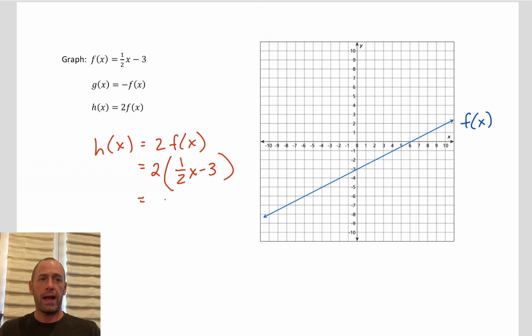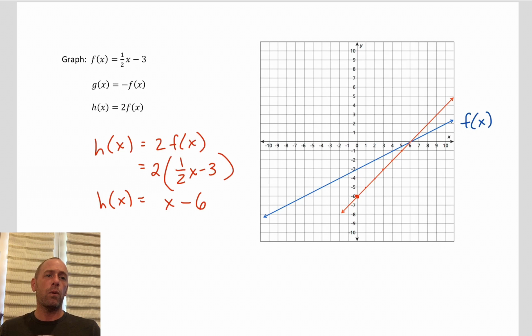That gets me x minus 6. So you can see the y-intercept is changed and my slope is changed. So my y-intercept is -6, my slope is 1. That right? Yeah, that'll work.